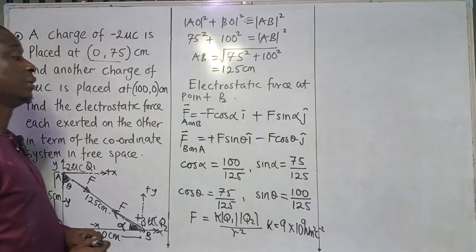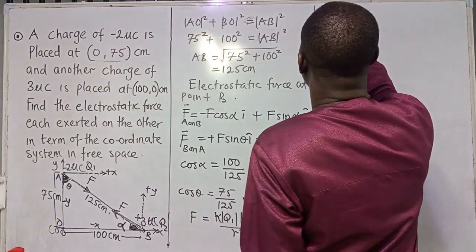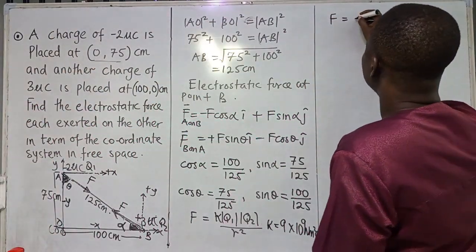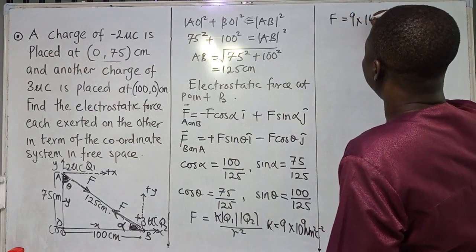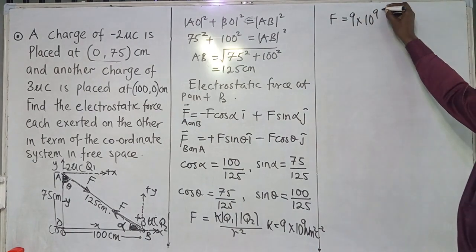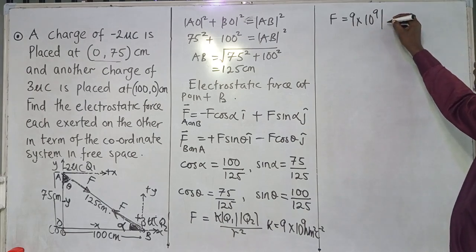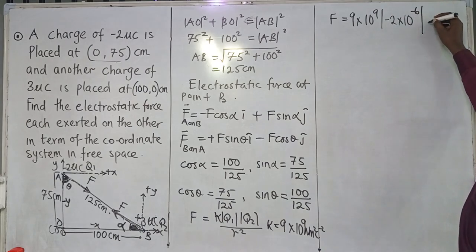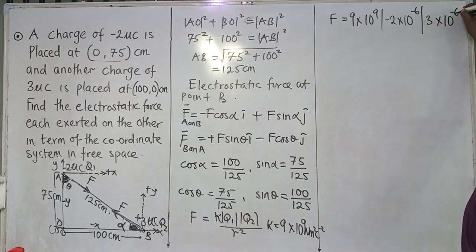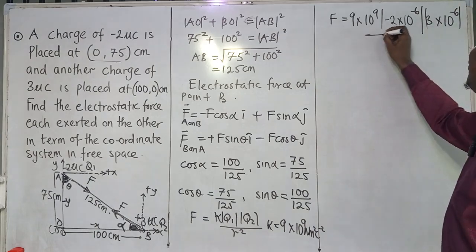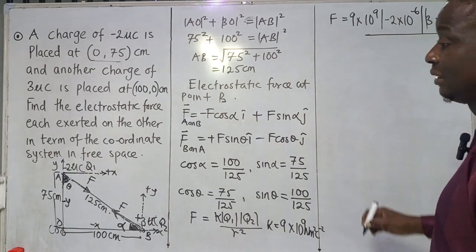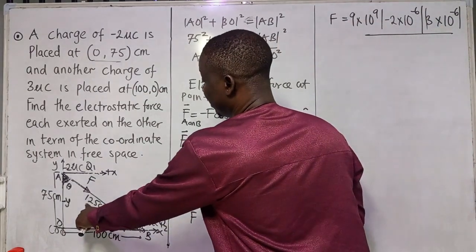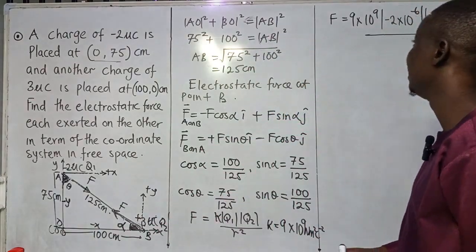Now, let's put in our values to find our F. So our F becomes 9 times 10 to the power 9, times the absolute value of minus 2 times 10 to the power minus 6, times the absolute value of 3 times 10 to the power minus 6, divided by the distance squared.